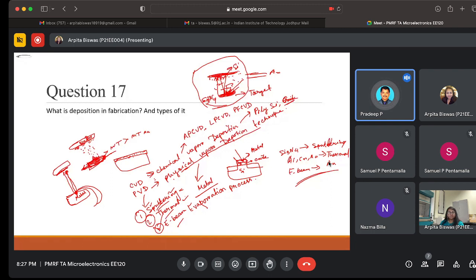VLSI technology by SMG. Yeah, one more book we have used for fabrication equipment. Which book did you read? One more book is there, a well-known book.